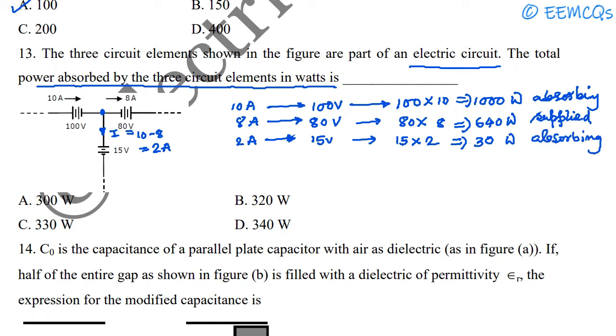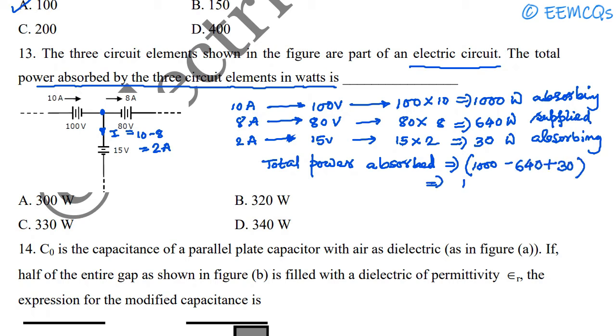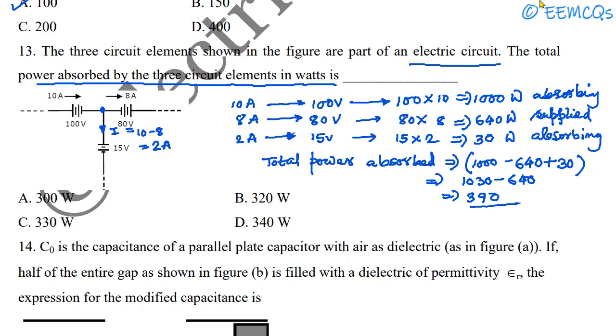That means the total power absorbed will be 1000 minus 640 plus 30, that is 1030 minus 640, which means 390 watts. So basically none of the options are correct here.